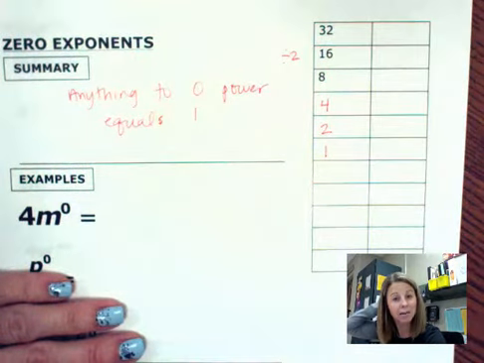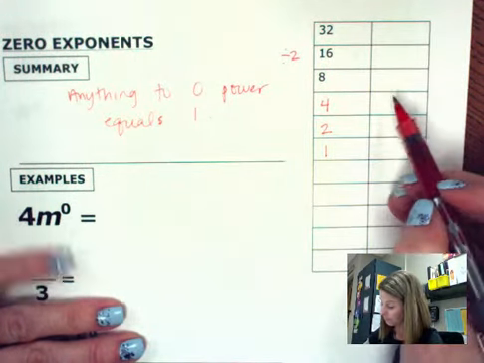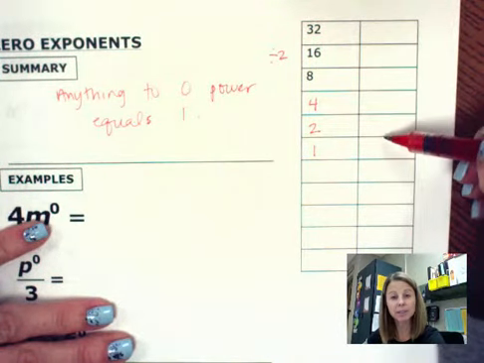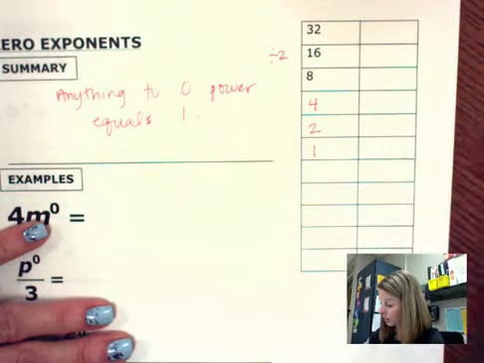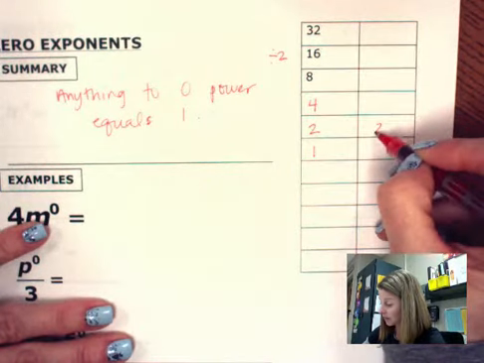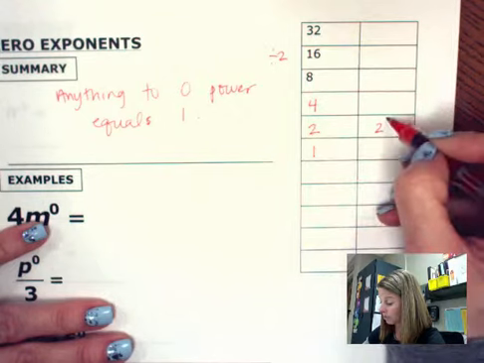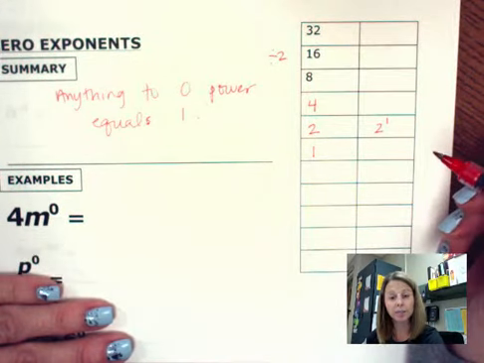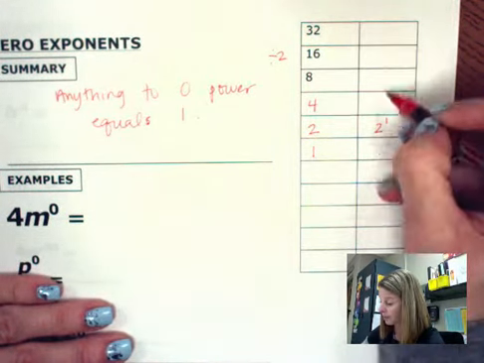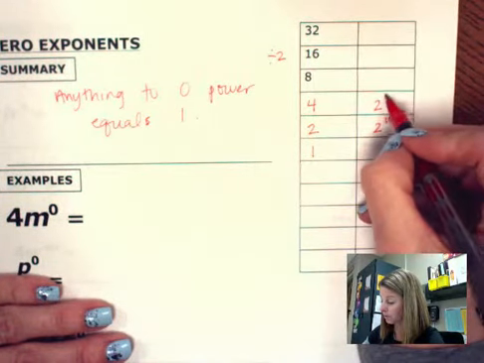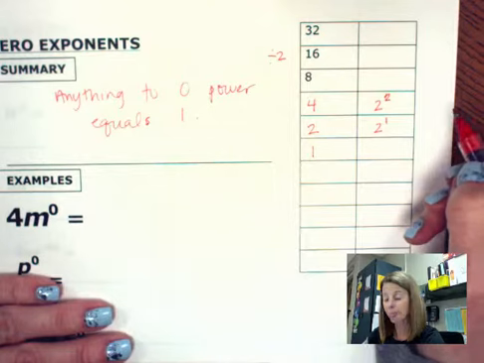So I'd like to stop there for just a second. And what I want to do is on this side, I want to write these numbers in terms of powers. And what I mean by that is, if I took 2 and I raised it to a power and I ended up with 2, that power is 1, right? Because 2 to the first power is 2. If I took 2 and raised it to a power and the answer was 4, it would be 2.